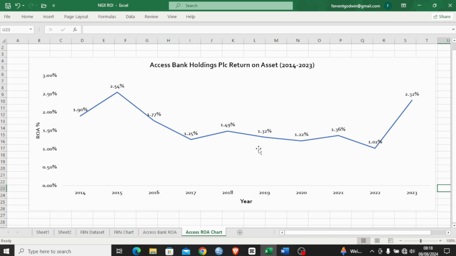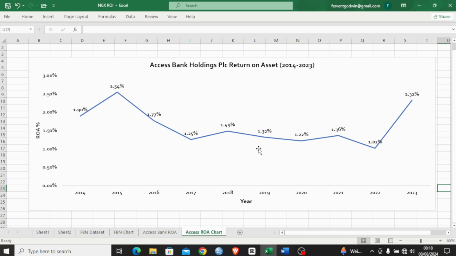Now, if we narrow it down to Nigeria, the average return on assets is generally low compared to global and regional benchmarks. According to various reports and analysis, the average return on assets for Nigerian banks is around 0.5% to 1%, and that information was given by the Nigerian Stock Exchange around 2020.